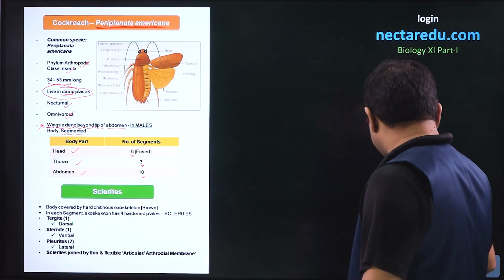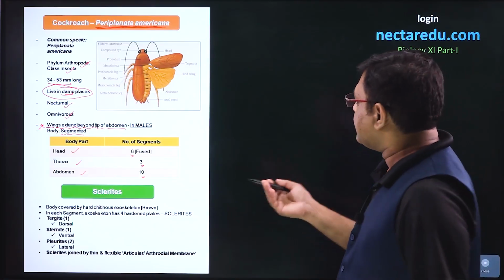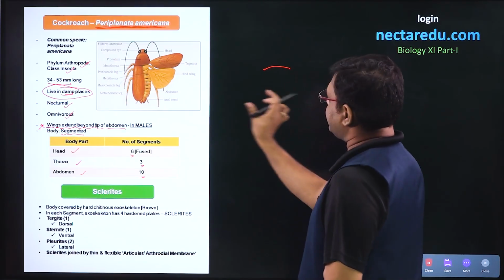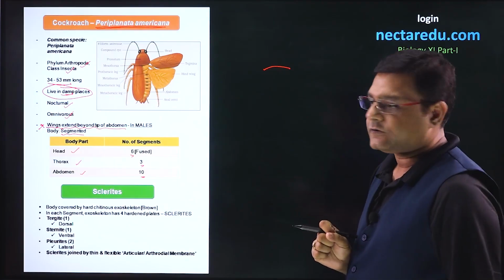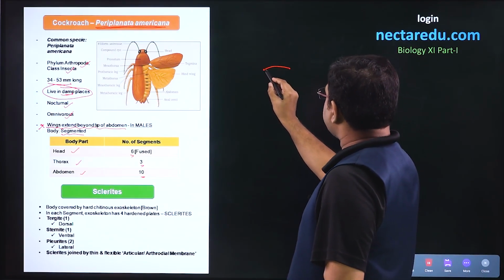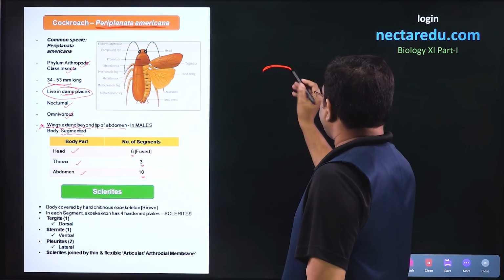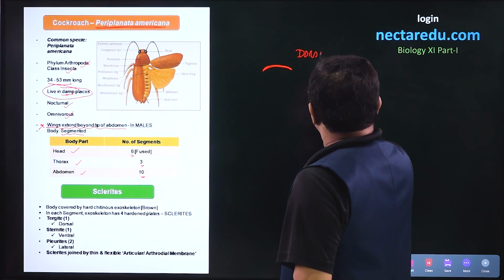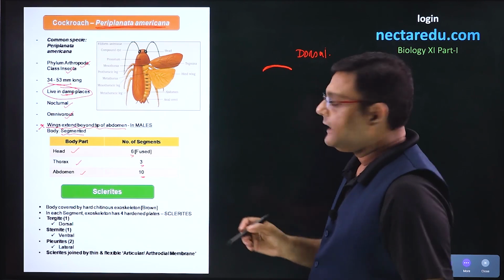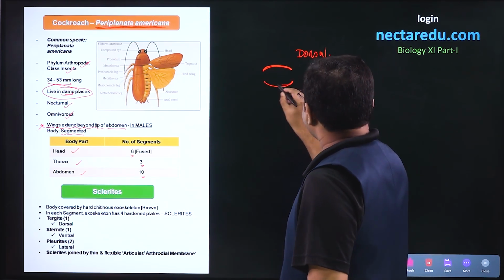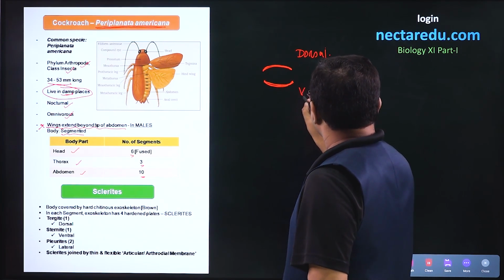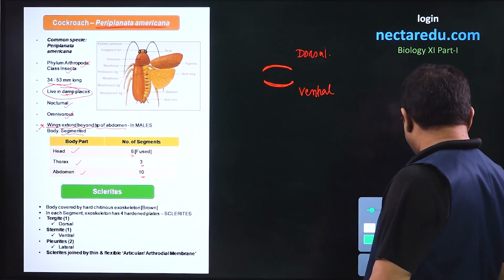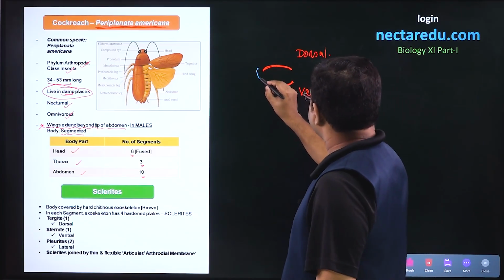So, let us understand it with the help of diagram. Let us say that it is a small segment which is present in the body of cockroach. Now, this small plate will be present on upper side. Upper side is the dorsal side. Similarly, one small chitinous plate will be present on lower side, that is ventral side, and 2 plates will be present on lateral side.